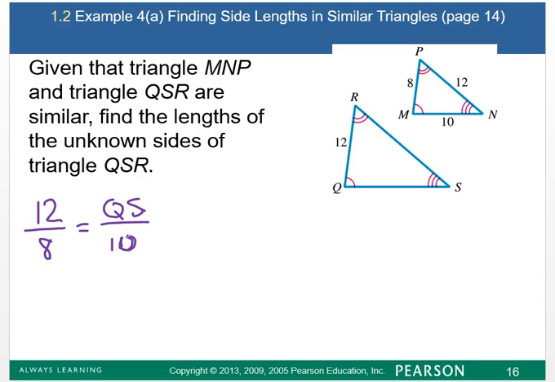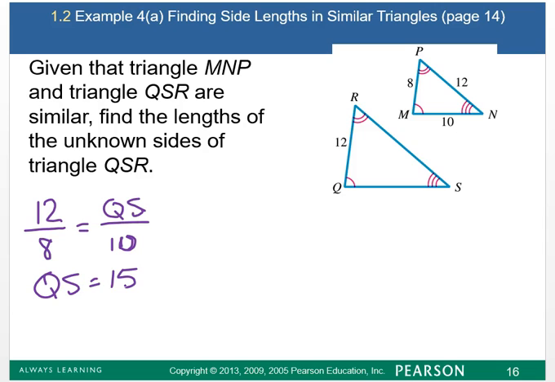Do cross multiplication, and that is equal to 120 over 8, which is 15. So QS is equal to 15.